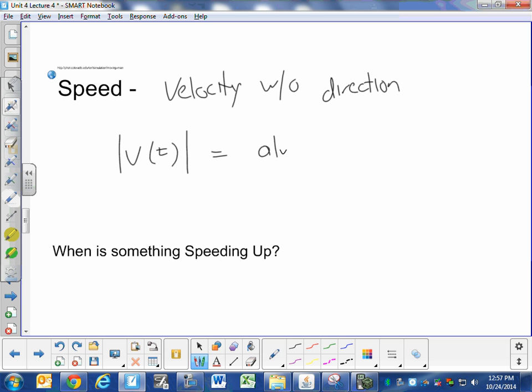Always positive. So something could have a positive or a negative velocity. My question is, when is something speeding up? Or when is the speed of something increasing?